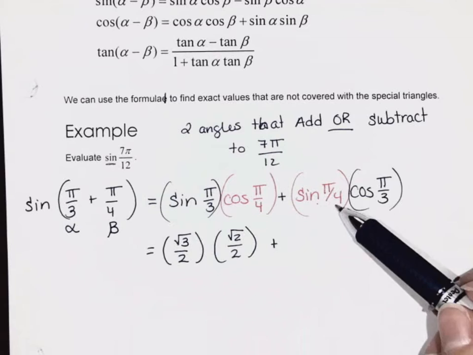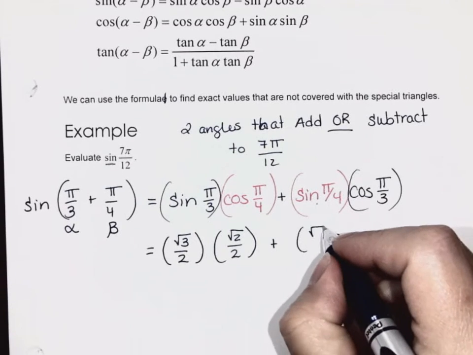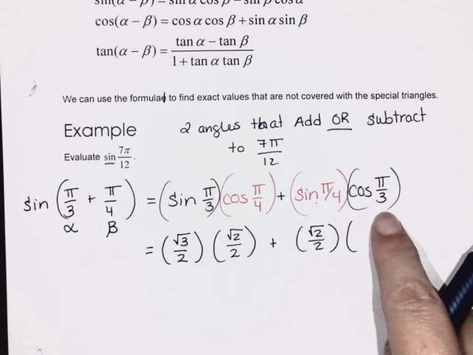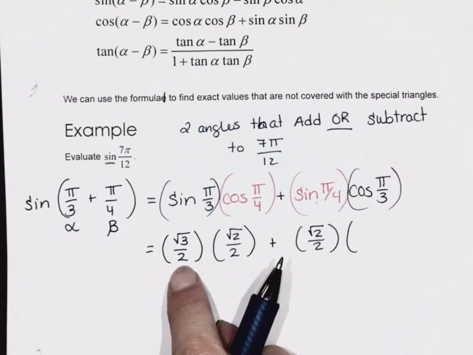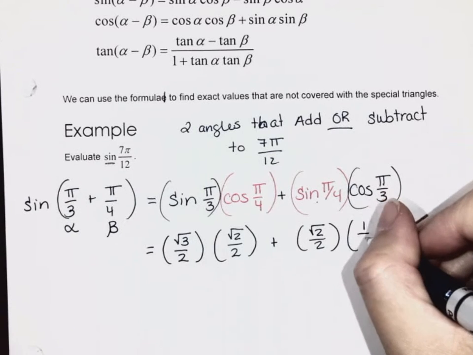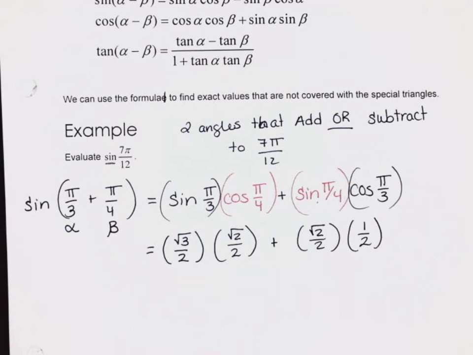And then sine of pi over 4 is root 2 over 2. And cos of pi over 3, well, I know if sine of pi over 3 is root 3 over 2, then cosine has to be 1 over 2.